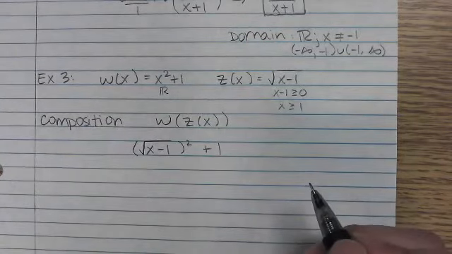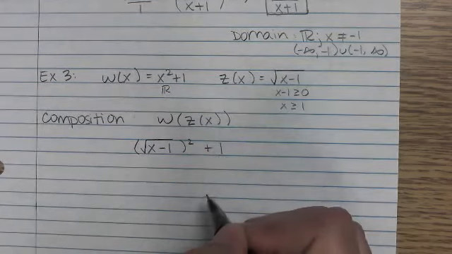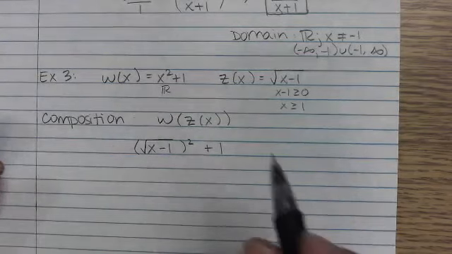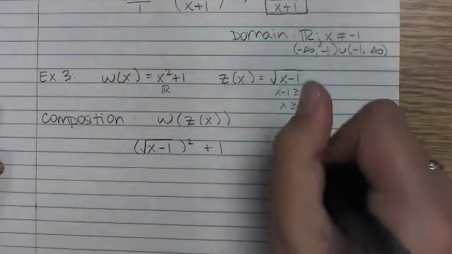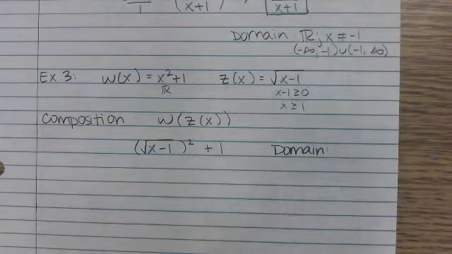Alright. Now, where students mess up is they typically will find their answer, they'll simplify this, they'll get to the end, and then they'll look at the end to find their domain, and it will throw everything off. So I'm going to go ahead and have us do the domain right now so that we can compare it to the end and see what we would have thought otherwise.